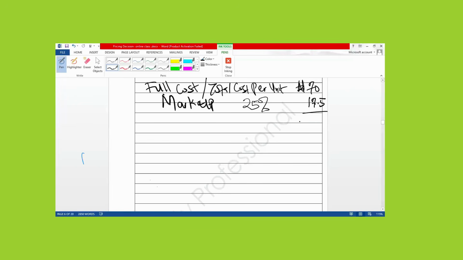Now sum up: 87.5. That is the price per pack. If you choose to use full cost plus pricing, the price per pack is 87 naira 50 kobo.